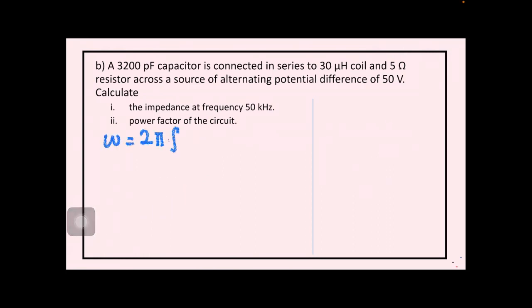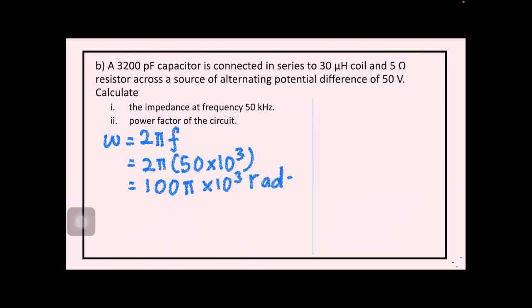So omega is equals to 2 pi f. Substitute the value of f equals to 50 kilo, and we get omega equals to 100 pi times 10 to the power of 3 radian per second.